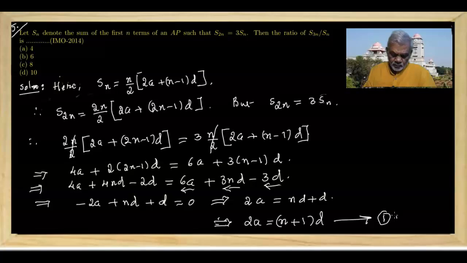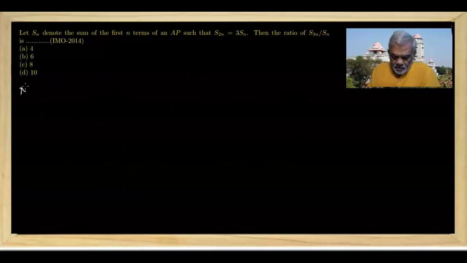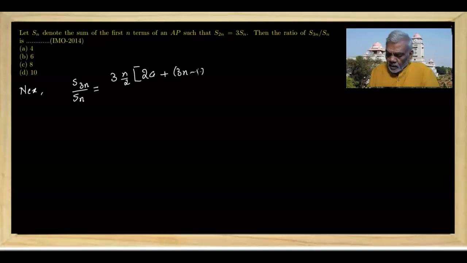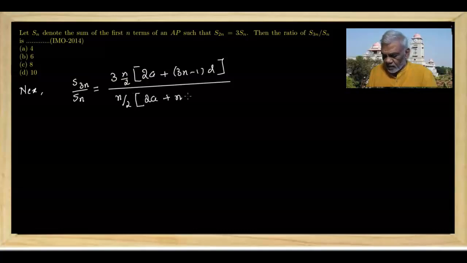Next, we have to find out S3n by Sn. S3n is equal to 3n by 2 into 2a plus 3n minus 1 into d, divided by n by 2 into 2a plus n minus 1 into d, and this n by 2 and this n by 2 are getting cancelled.